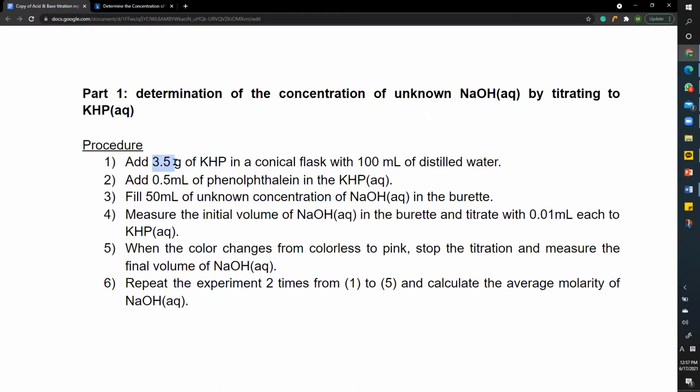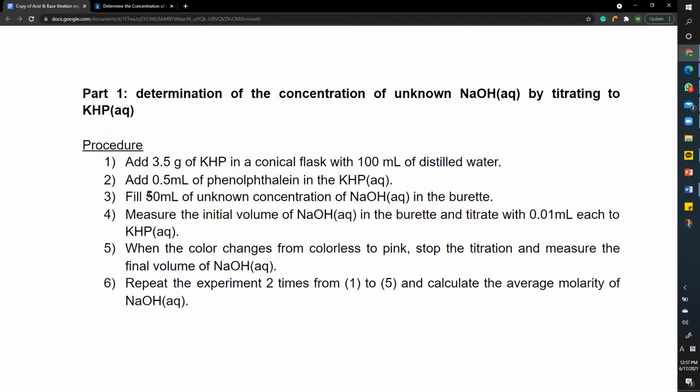This is just a random number of grams that I chose, but you can use 5 or 6, anything you want. But you have to remember that if you add much KHP and less water, the concentration will be high. Then it takes more time to reach the end point of the titration. So it's better to use less, I guess.